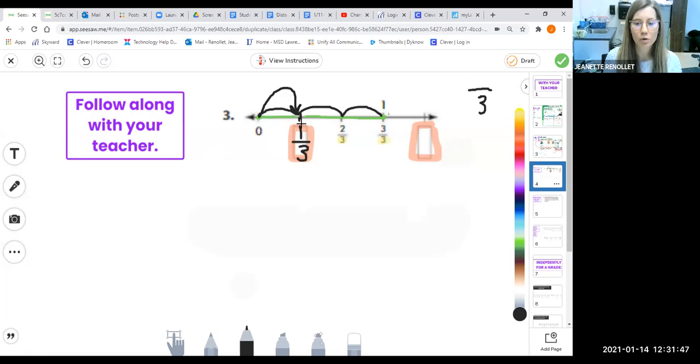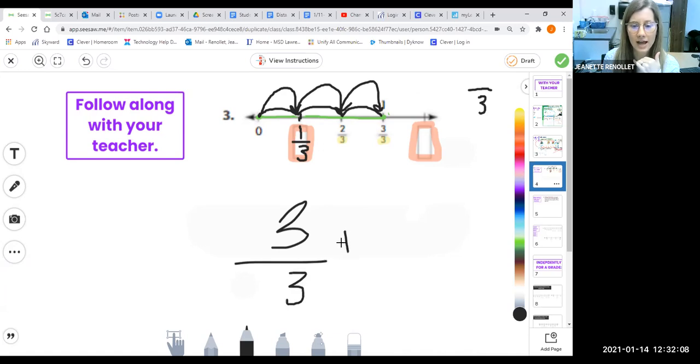Now that we have labeled 1/3, it makes sense to me that the next jump is called 2/3. The next jump is 3/3. So if I have 3/3 plus one more 1/3, I know that my numerator is going to increase.